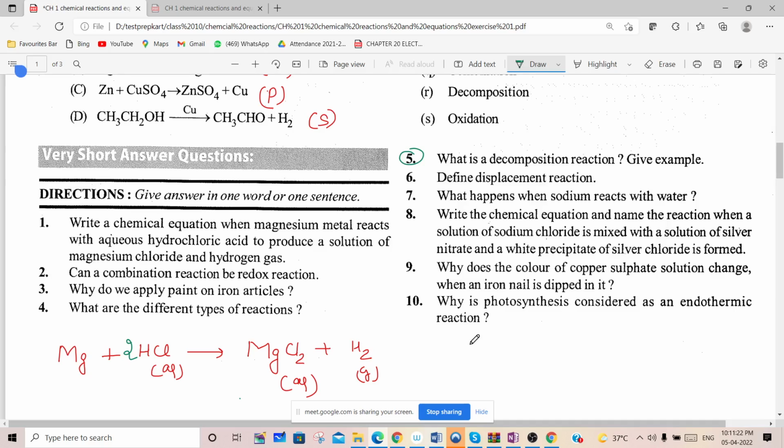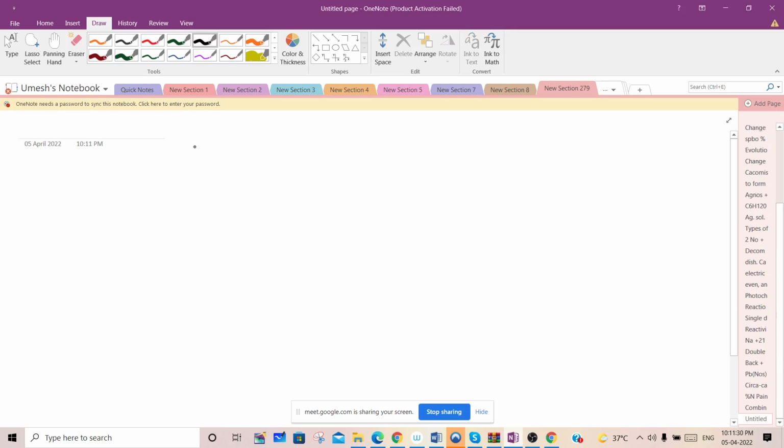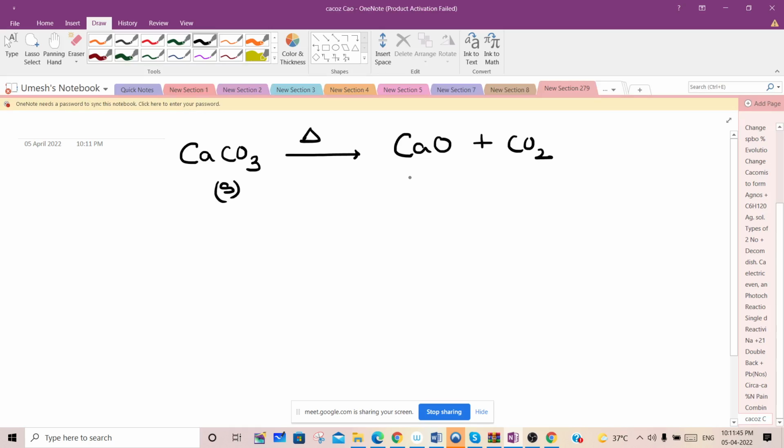Can you give an example? Calcium carbonate decomposes to give CaO plus CO2 upon heating. So we call this a thermal decomposition reaction.